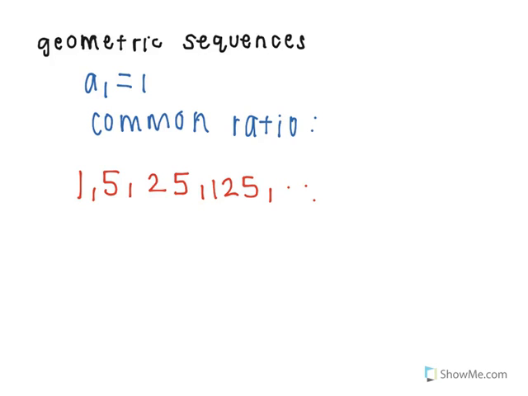In this case, our common ratio is 5 because we're multiplying each term by 5. In our case, if we were only given the first term 1 and the common ratio 5, and we were supposed to find the next two terms, we just multiply each term from 1 by 5 to get 1, 5, 25, 125, 625.